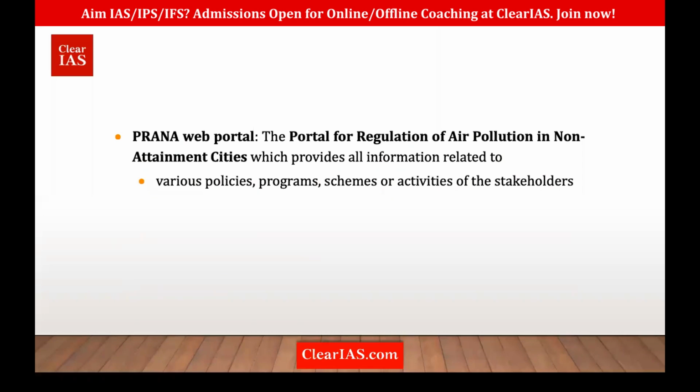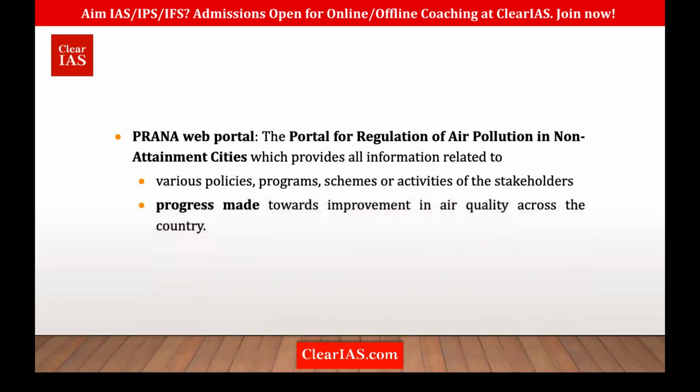So they give information about what? The various policies, programs and initiatives in such cities to the stakeholders, and also what progress is made, what improvement has happened through these initiatives. So that is the PRANA web portal.